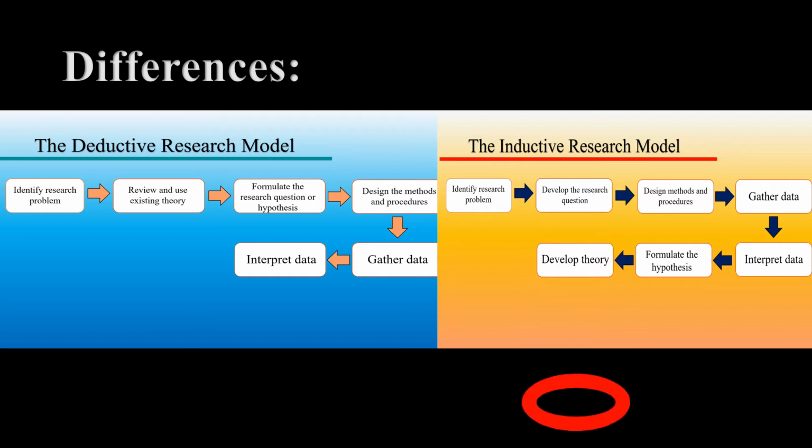The step between these two research models is also different. In the deductive research model, it formulates the research question and continues the process, whereas in the inductive research model, it starts to develop the research question first, then after that, formulate the hypothesis from the data they get.